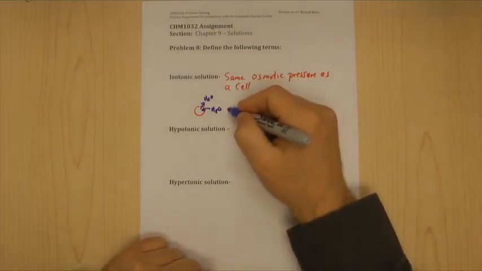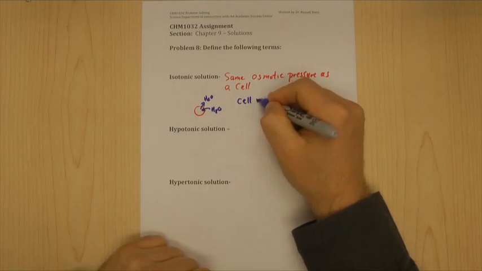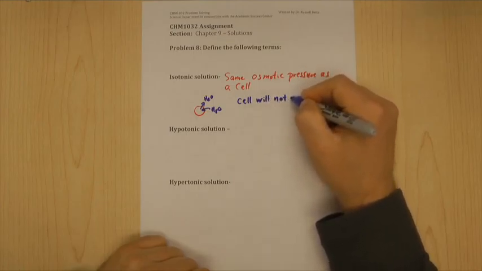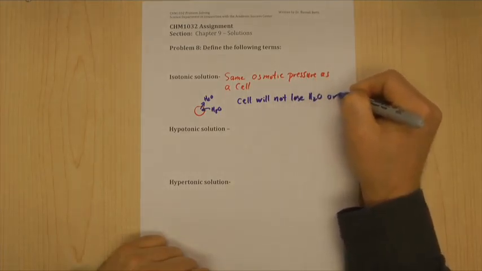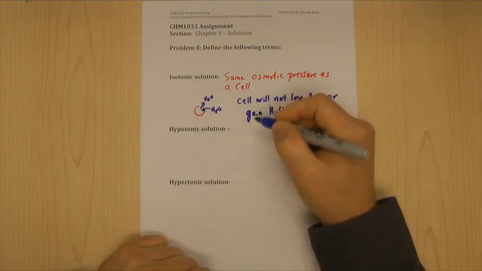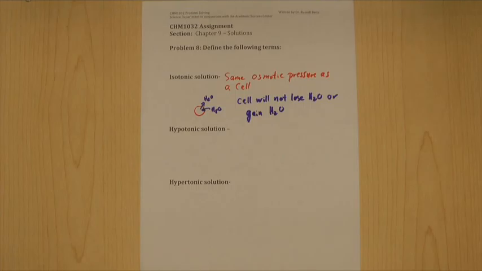So the cell will not increase in size, will not lose water or gain water, because the water will enter and leave at the same time at the same rate, because the osmotic pressure on both sides of the cell membrane is the same. Okay? This is a cell.